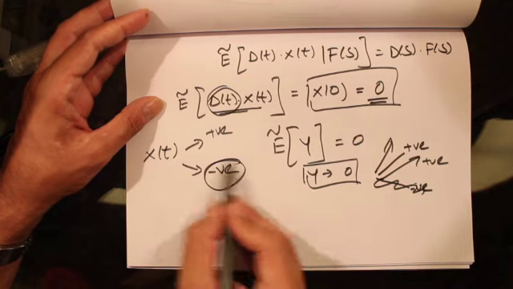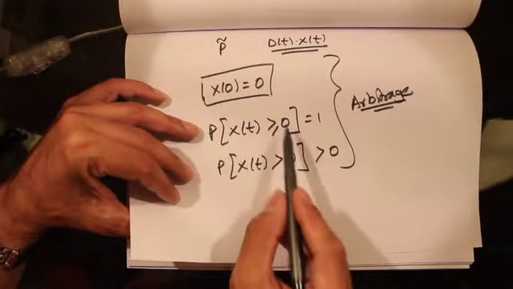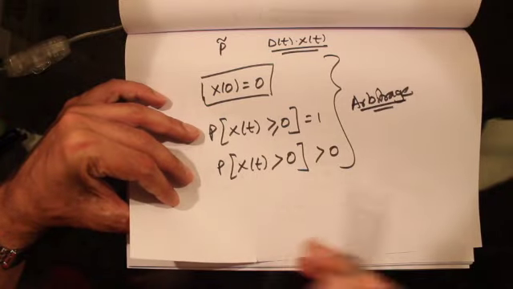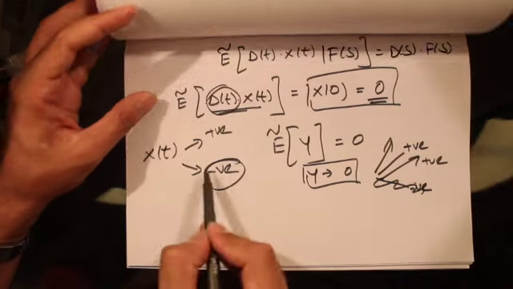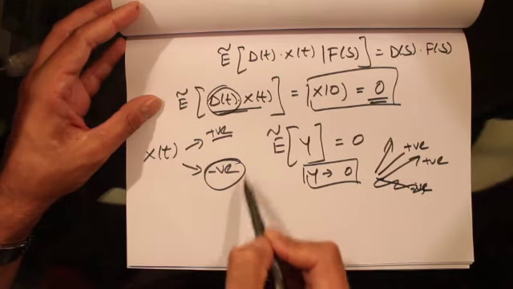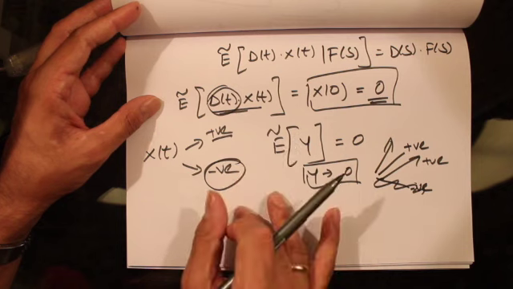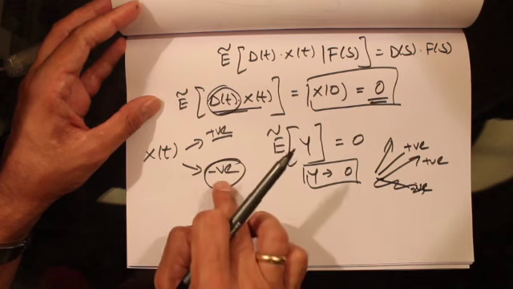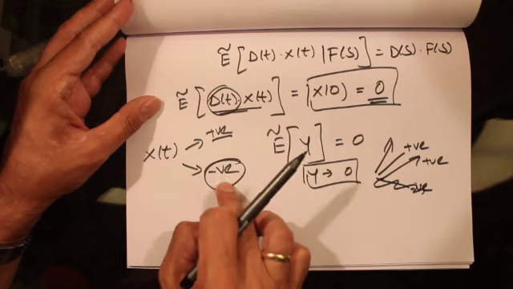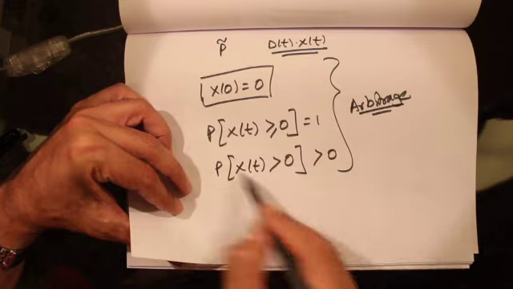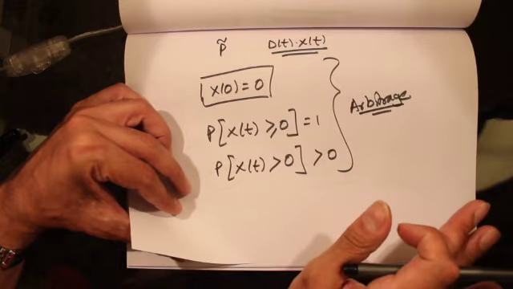And the moment it can take negative values, it goes against the arbitrage condition, because we can lose money. Arbitrage says we can never lose money. But here we are saying if we take a positive value, we also need to take some negative values, and that destroys the arbitrage argument right there. We can take a loss sometime in the future, whereas the arbitrage condition says that we can never take a loss in the future.